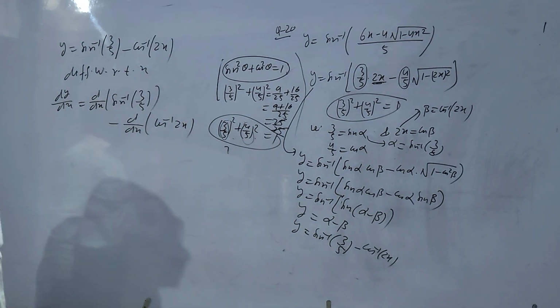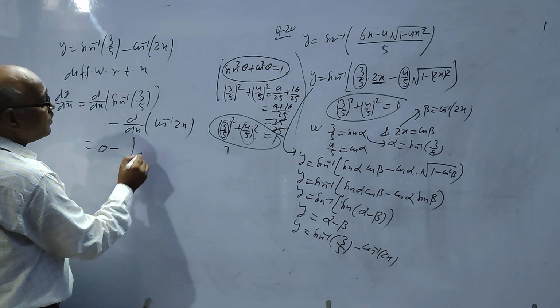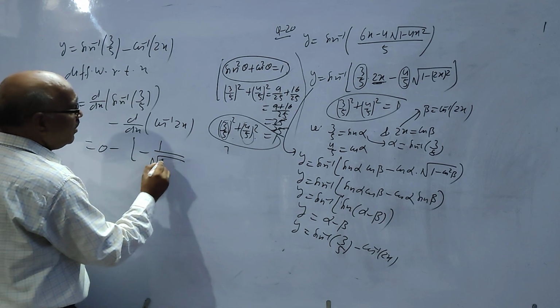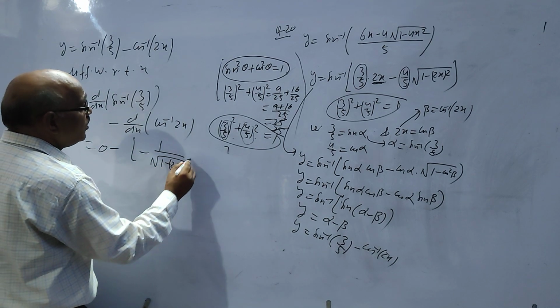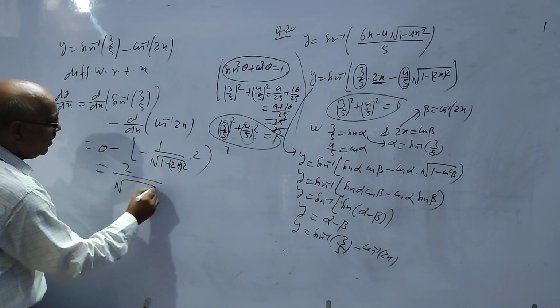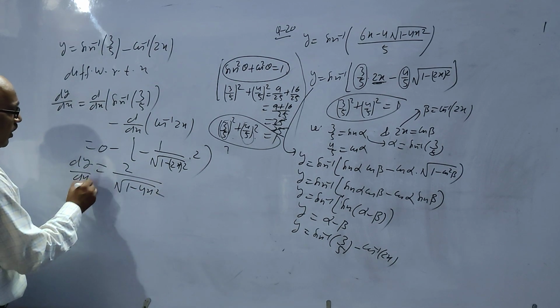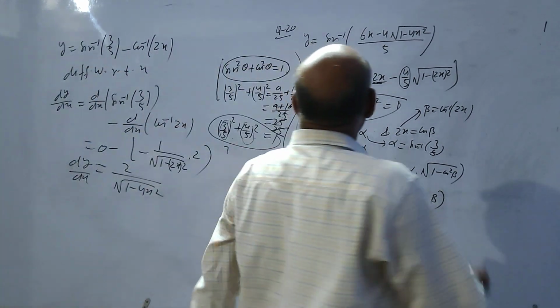Sin inverse 3 by 5 is a constant, and differentiation of a constant is 0. 0 minus minus 1 upon under root 1 minus 2x to whole square, and 2x gives 2, so minus minus is plus: 2 upon under root 1 minus 4x square, and this is the required result.